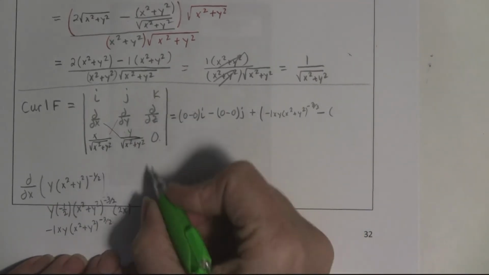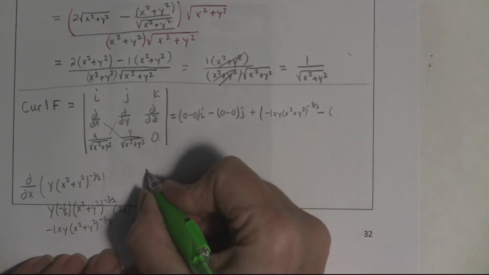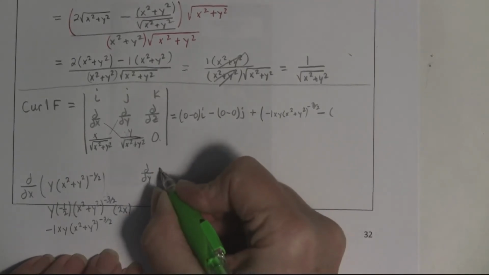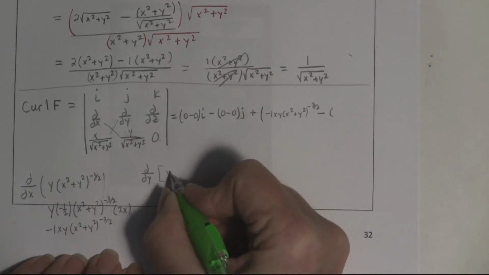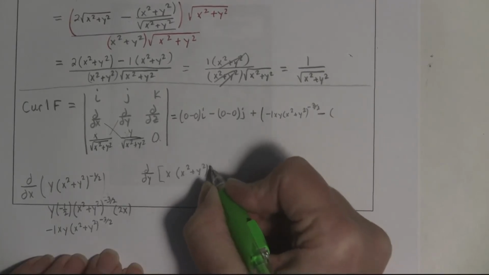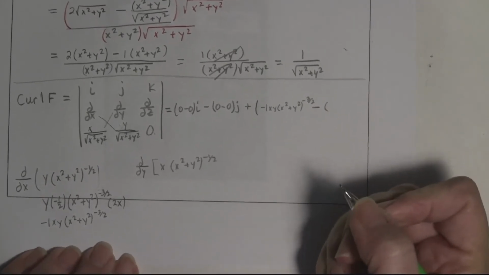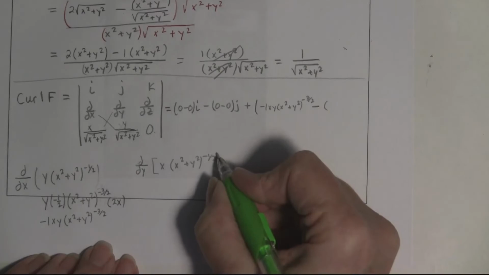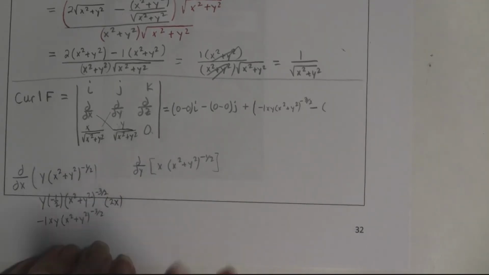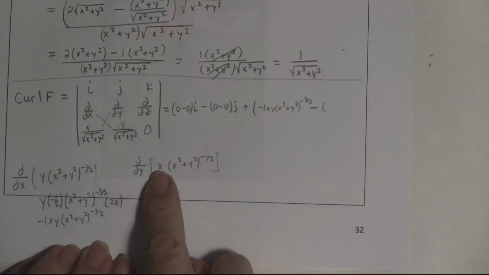We're gonna go this way, and I'm gonna do that same trick. So here, dy, and I'm gonna write the x here, and then I'm gonna have x squared plus y squared to the negative half. If you think you can do that because we just did that, we're taking the partial with respect to y instead of x, but x is a constant here.